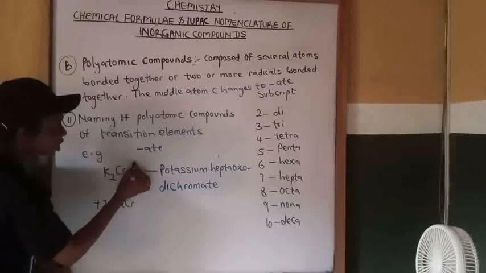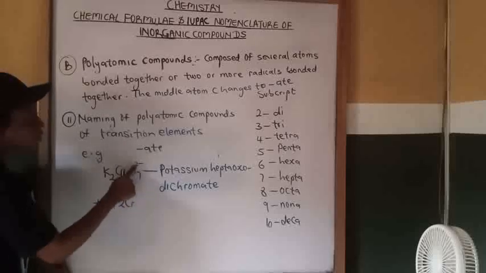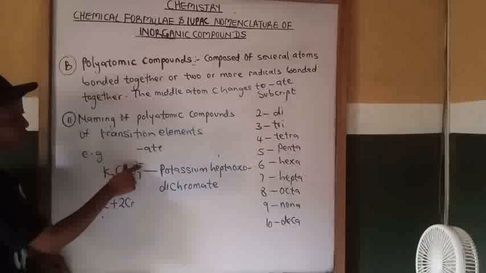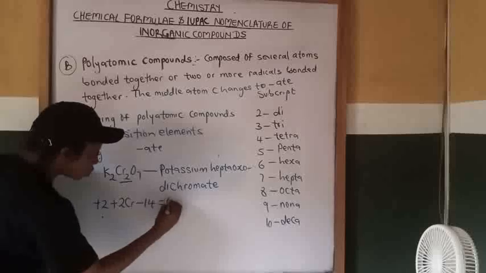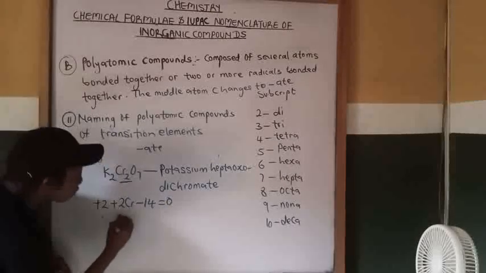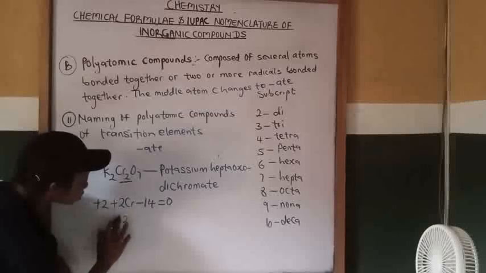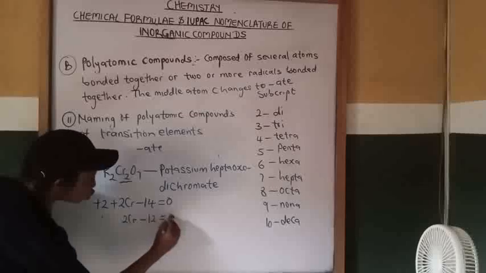Then oxygen, the charge on oxygen is -2. Minus 2 times 7 will give us -14. So the sum equals 0. Plus 2 minus 14 will give us -12 equal to 0.